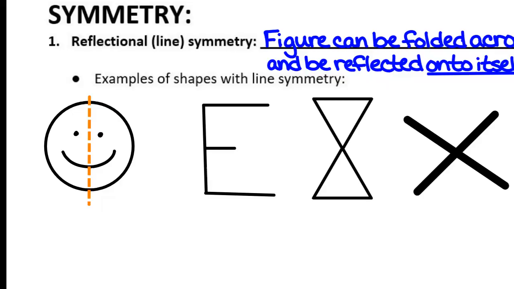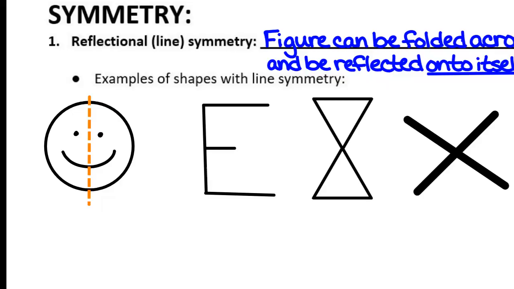Well, if I cut it between the mouth and the eyes and I fold it, the mouth would come up to the top. Do we have a mouth up on the top? Okay, so that's what I was saying when I said wherever you do this, when you fold it, it has to match up identically with the other side. Like if you lay it on top of itself when it's folded, you can't tell a difference between which one is the bottom and which one is the top, or which is the left and which is the right. I like what you're looking for, though.